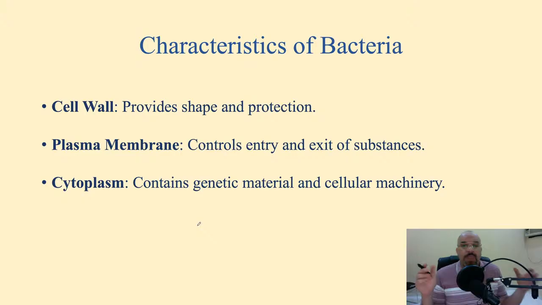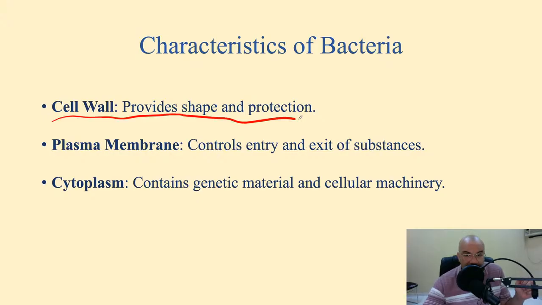Right. Let's start here to define the bacteria. What are the characteristics of the bacteria that are important for us to know? Simply, we talk about the cell wall, which provides the shape and the protection.